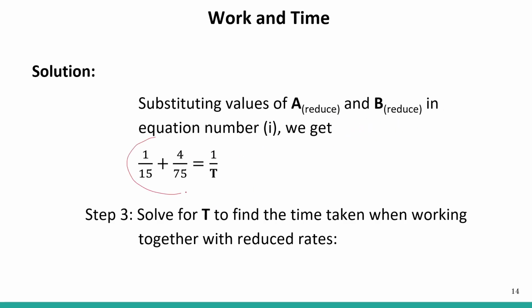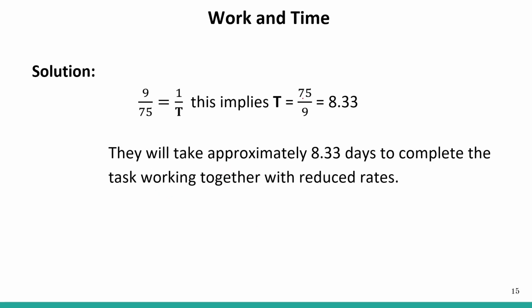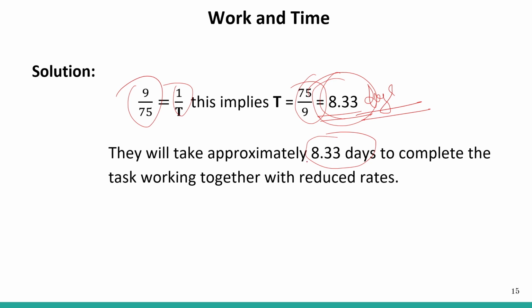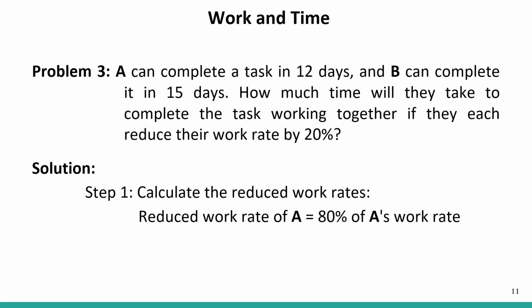So 1 by 15 plus 4 by 75 becomes 1 by T. Solving for T, we are left with 75 by 9, because 1 by T is equal to 9 by 75. So it will be 8.33 days. This many days will be required for A and B, at their reduced capacity, to complete the same task that they individually completed in 12 and 15 days respectively.